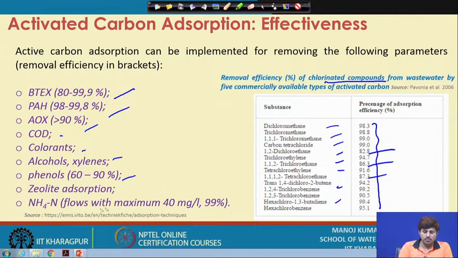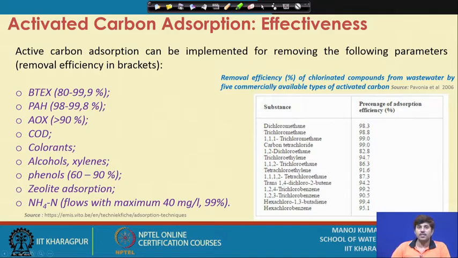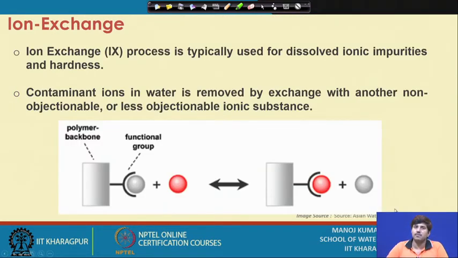Ammonium nitrogen with maximum flow 40 milligram per liter can actually be removed up to 99%. So, the adsorbent is very effective in removal of a wide variety of contaminants, okay. However, for various dissolved metals or those kind of things, it has very limited applicability.